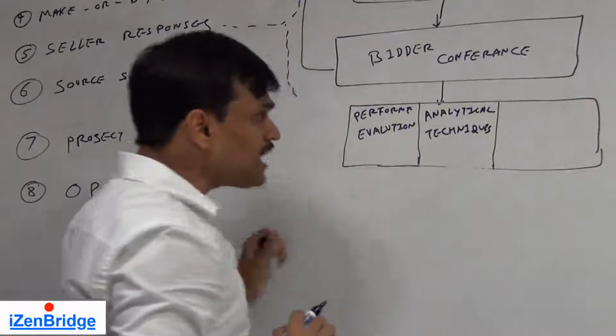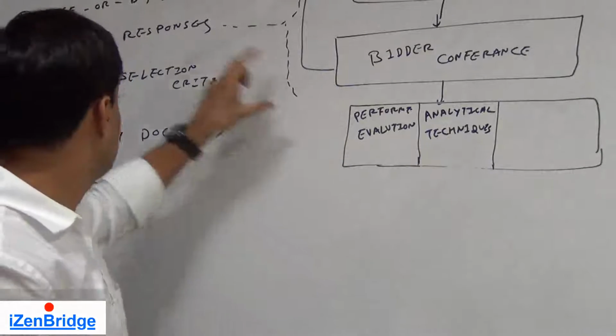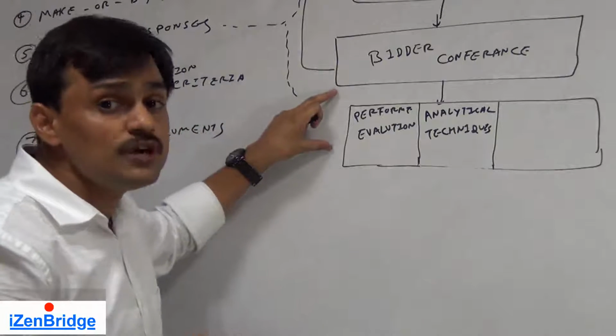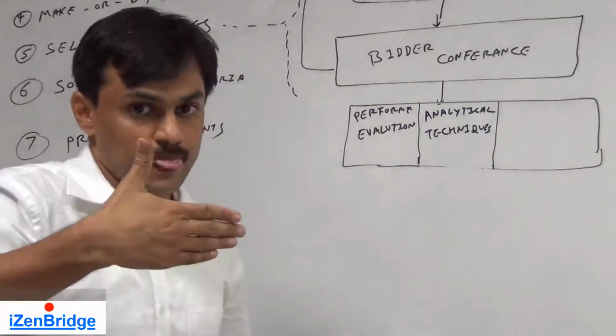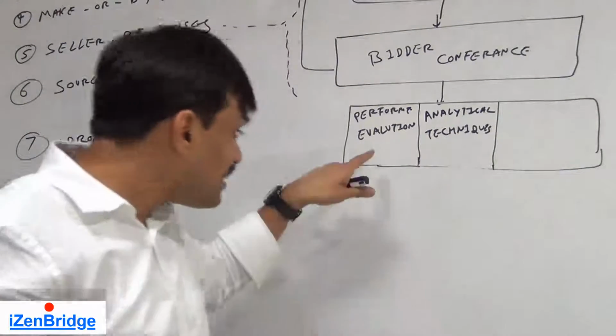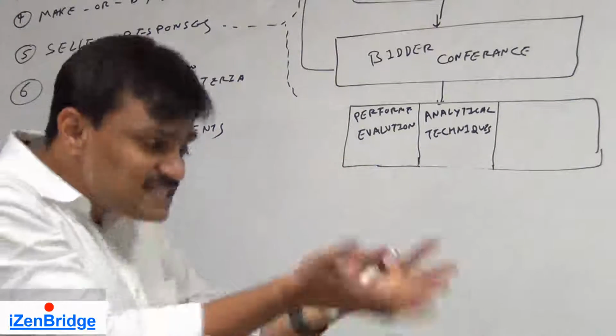Sometimes people get confused between perform evaluation and source selection criteria. When we are performing evaluation of a proposal, it is more focused on that proposal. The source selection criteria is primarily for the vendor. But while we are evaluating a proposal, it is vendor plus the offering.